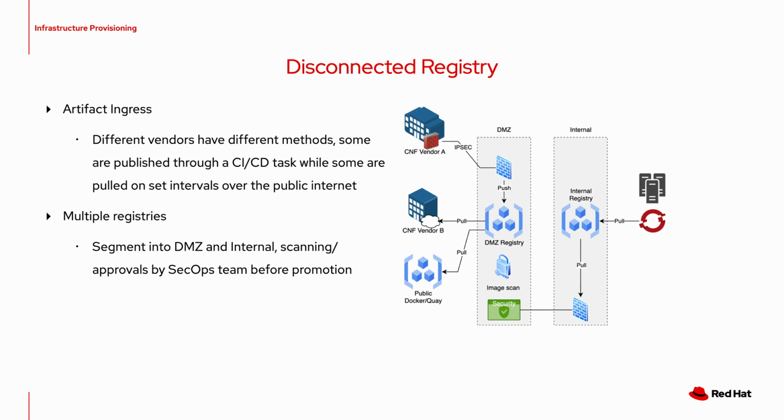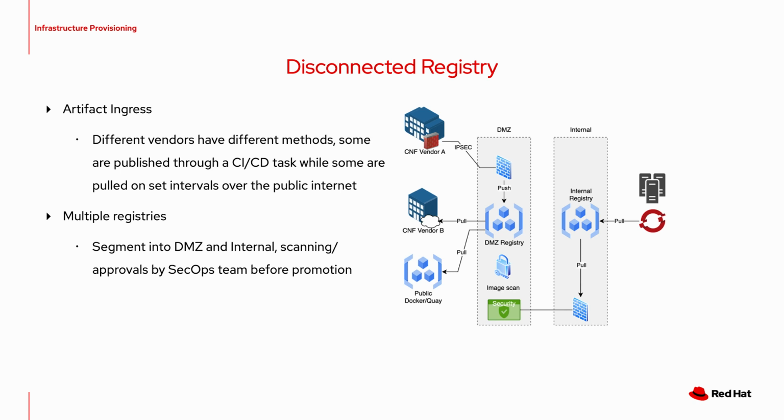We have a disconnected registry in our environment because a lot of our telco vendors or tenants come to the table with their artifacts. What we have here on the left is different ways of the registry pulling these artifacts, either through VPNs or special tokenized public infrastructure.